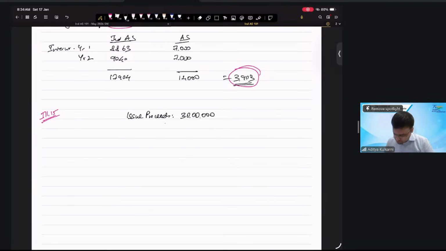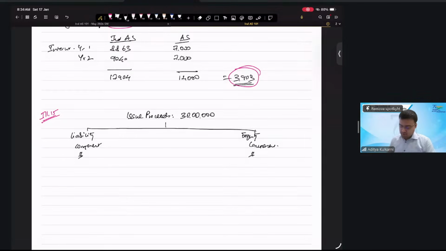Now, there are two components to this, liability component and equity component, right?